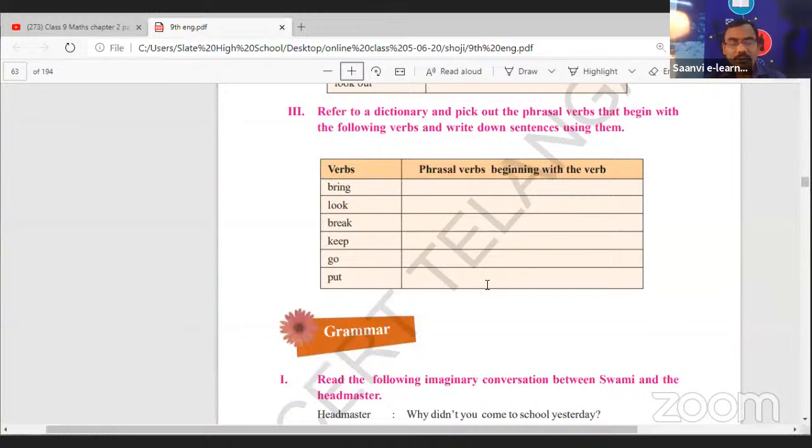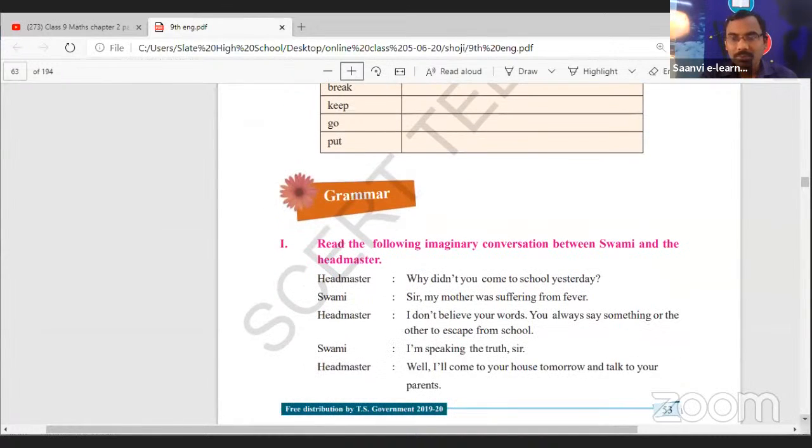And the next phrasal verb is put aside, aside, put aside. Okay, the sentence is he puts aside his problems.